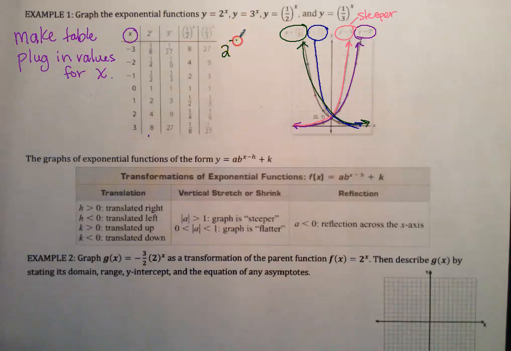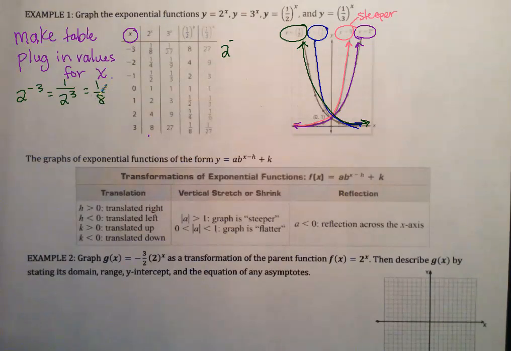So 2 to the -3 power is the same thing as 1 over 2 to the 3rd. That negative exponent automatically makes it a fraction. Okay, so then this is 1/8.